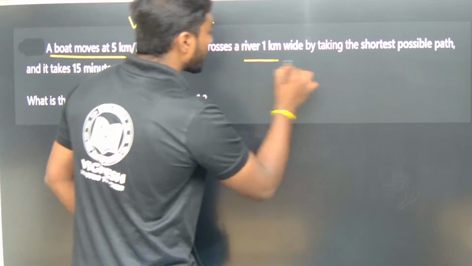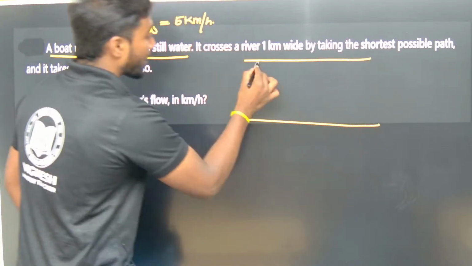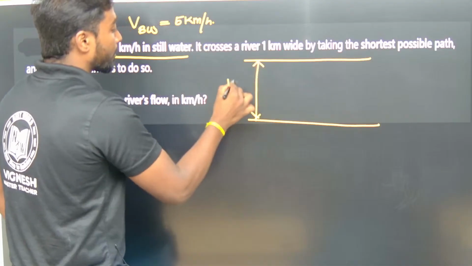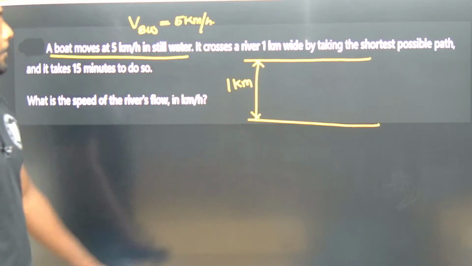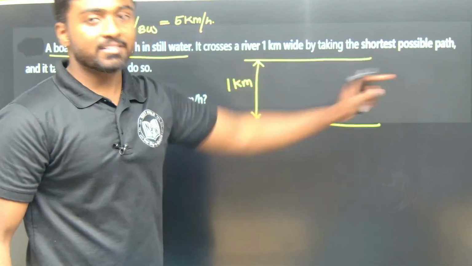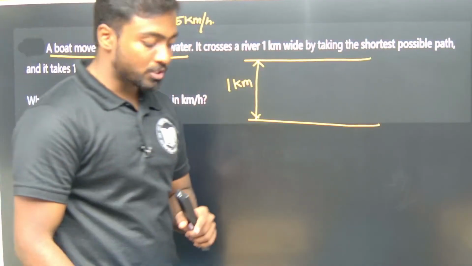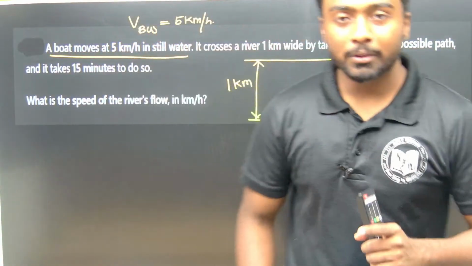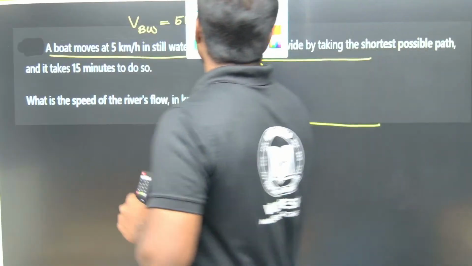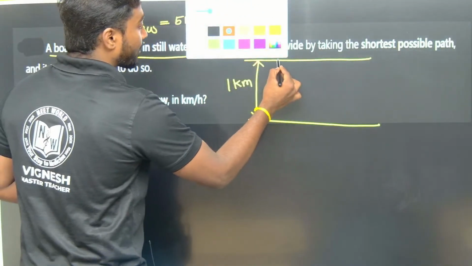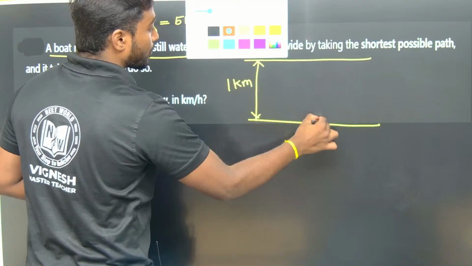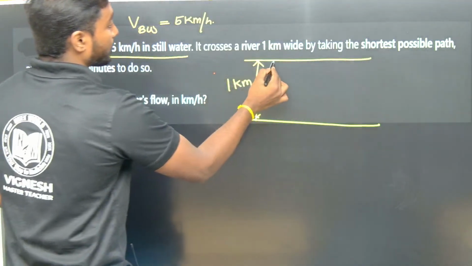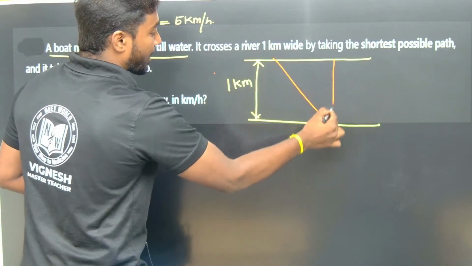By taking the shortest possible path. I said in the previous question, whenever we are dealing with the shortest path, I should draw the diagram in this manner. This is the diagram I should draw.